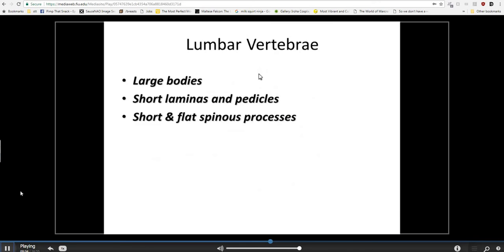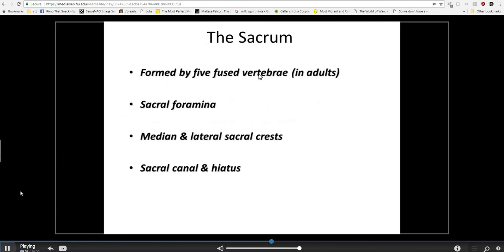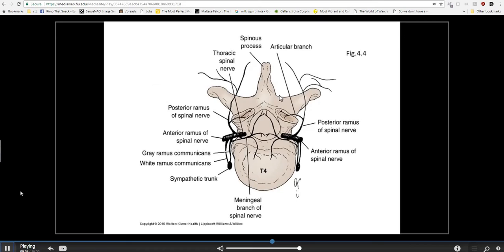Then here is a diagram that illustrates how you have innervation of the joints.